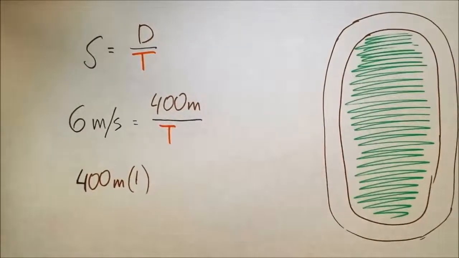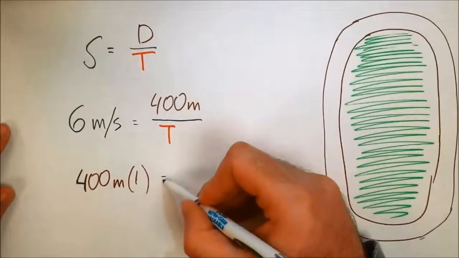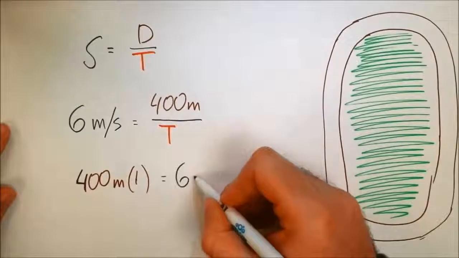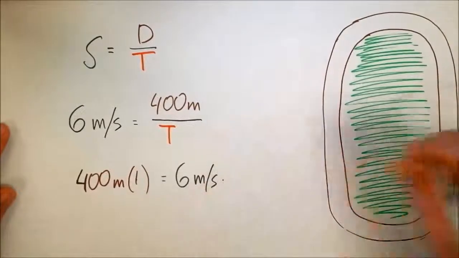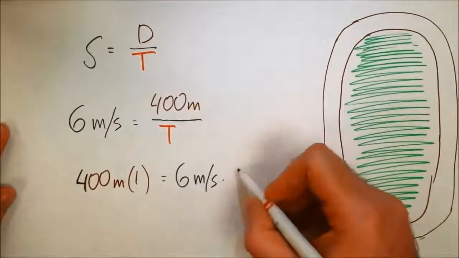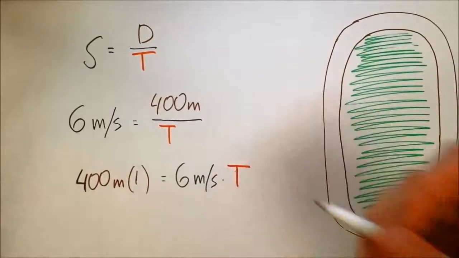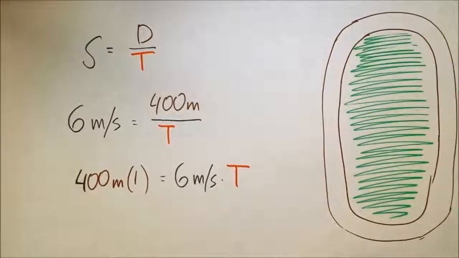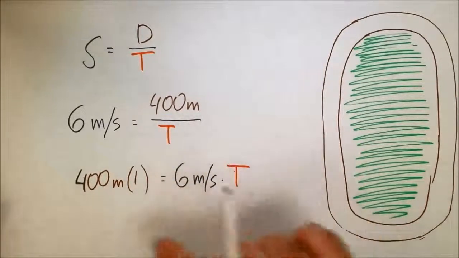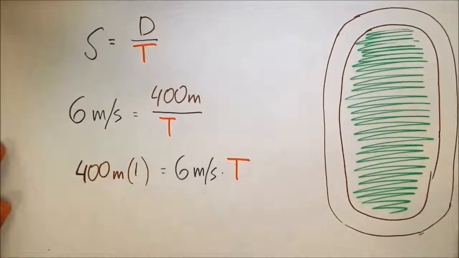You don't even have to write it. Equals 6 meters per second times the t that we're also desperately trying to find. Next step, isolate t by dividing both sides by 6 meters per second. It's pretty easy, pretty standard, again, pre-algebra level problem here.